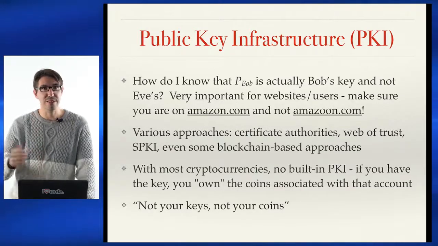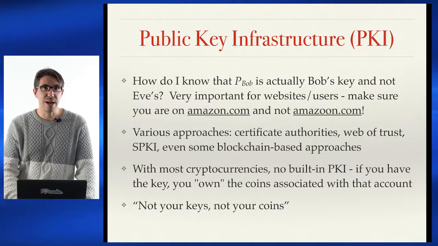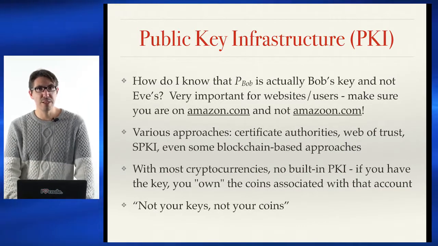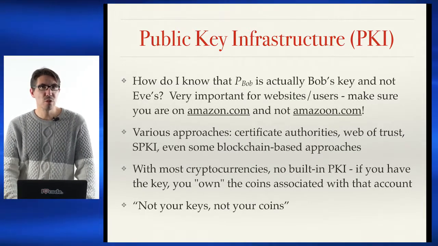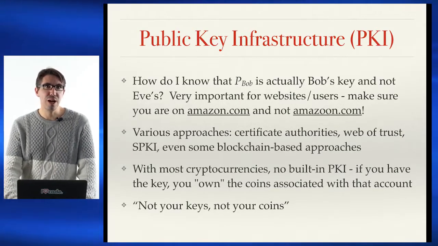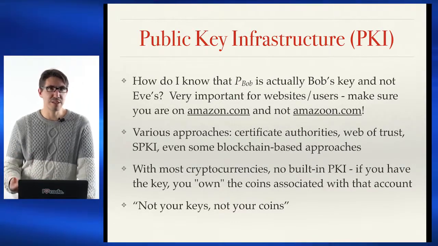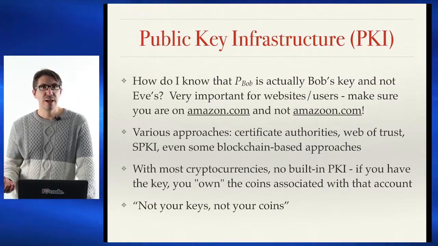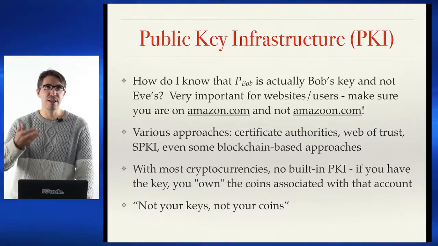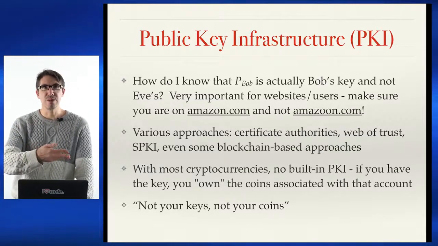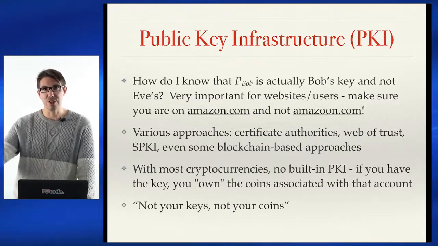So you can check to see, all right, is Amazon.com associated with this particular public key according to this authority? There's a web of trust. So instead of this more centralized system of certificate authorities, I can say, well, I have met Alice and Bob in person. So me, Bill, I trust Alice and I trust Bob.